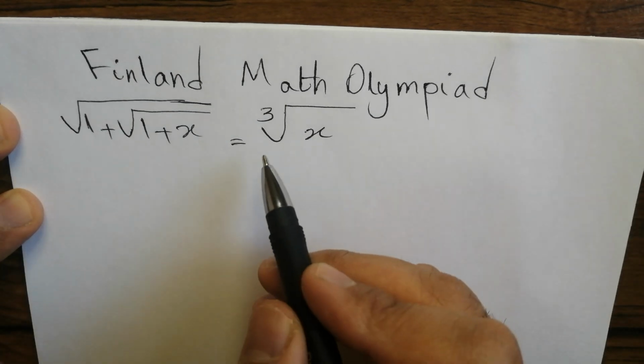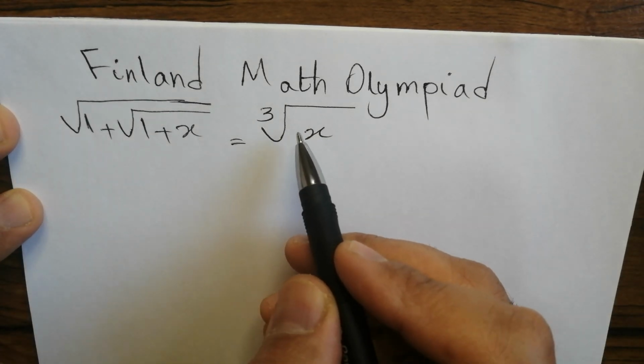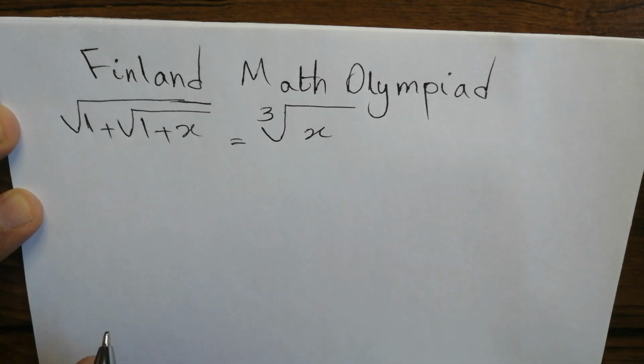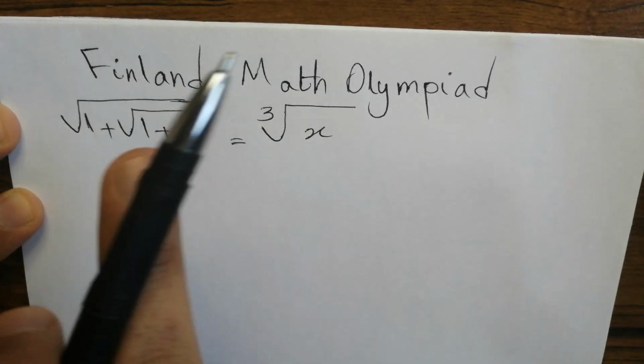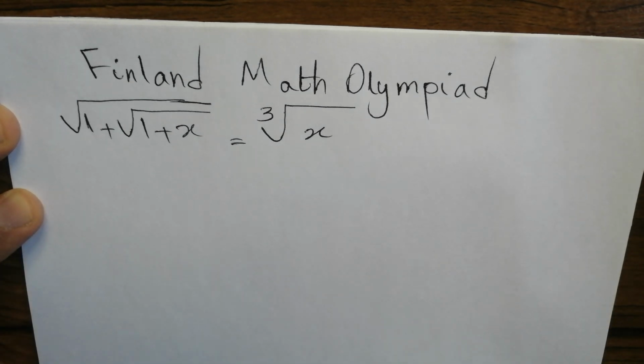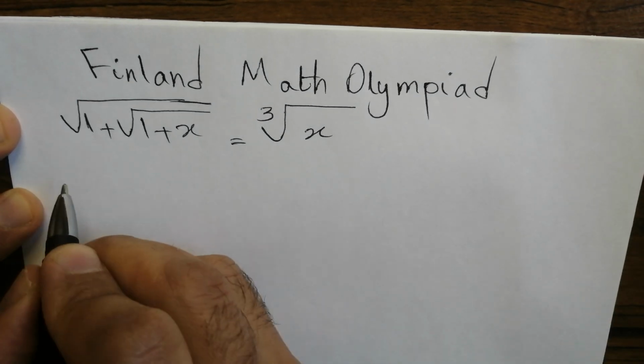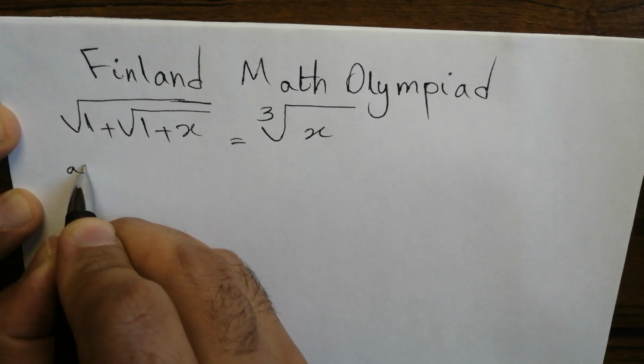So for this type of square root or cube root or radical math problem, it's a great idea to get rid of one of these sides, either this side or that side. For the simplicity of today's equation, let's make an assumption.